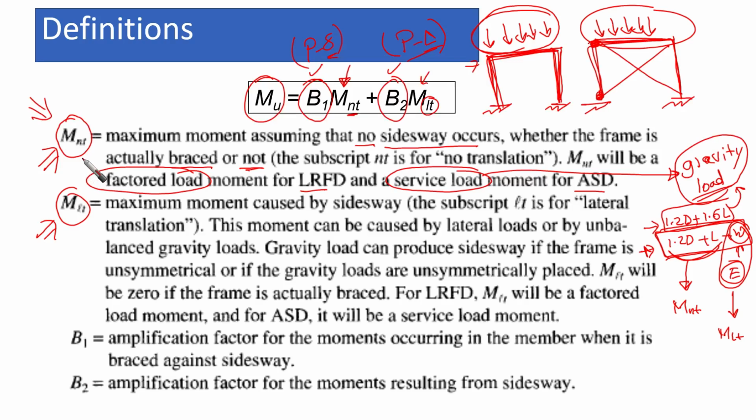So this is the meaning of MNT, the moments coming from the gravity load, or more specifically, moments coming from no translation movement. Motion would mean dynamic, but here, no translational means that the two end points of the element are not going to move relative to one another. This won't happen unless there is wind load or earthquake, for example.